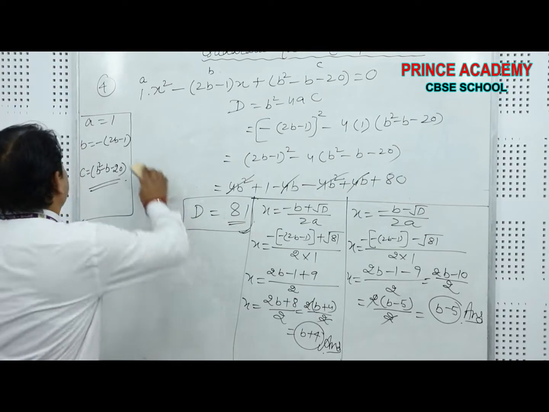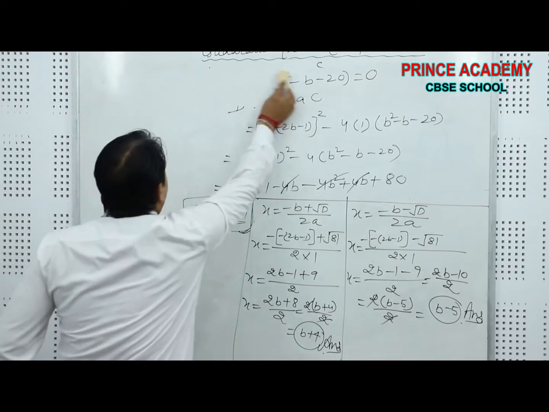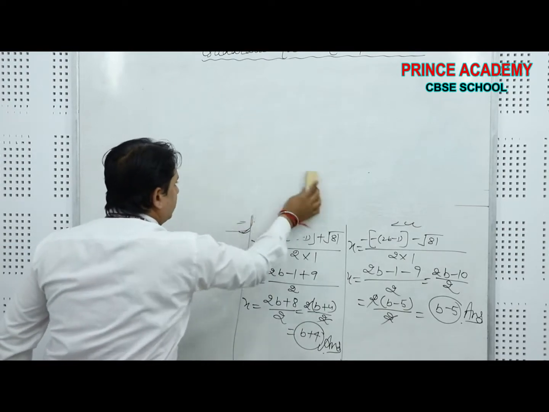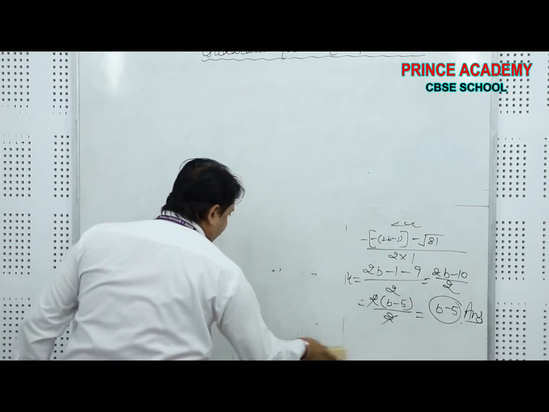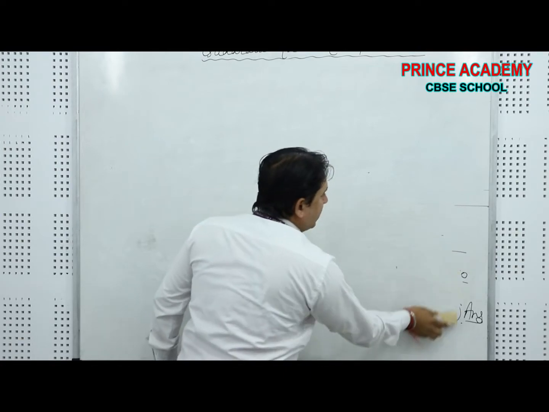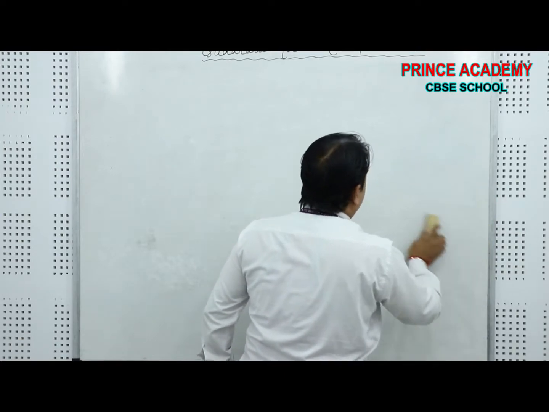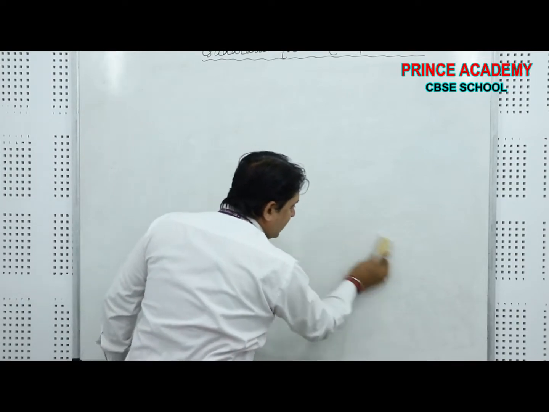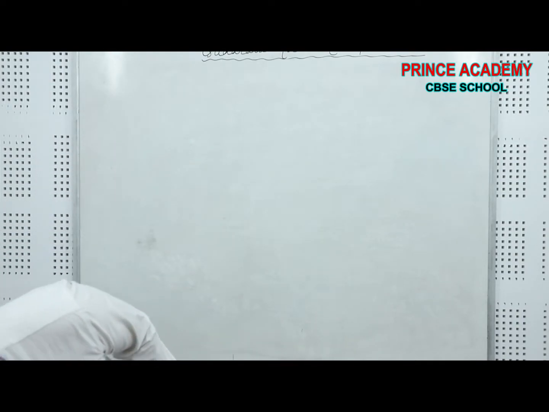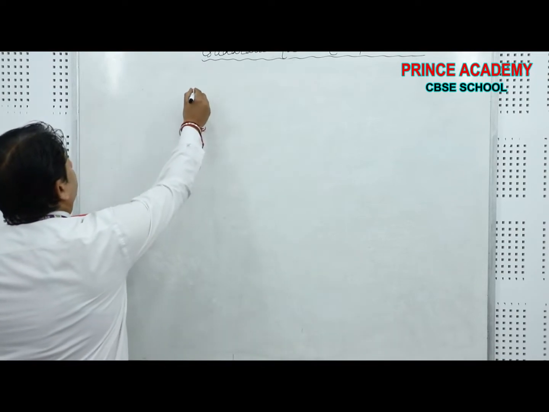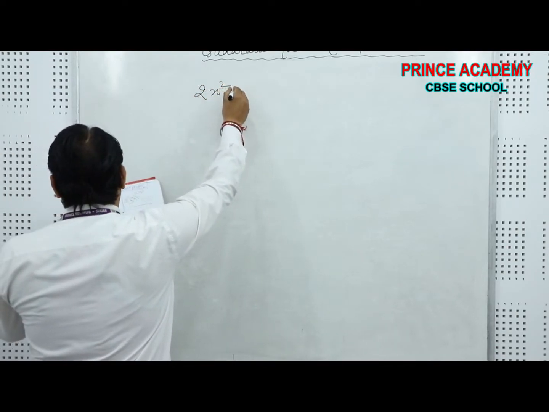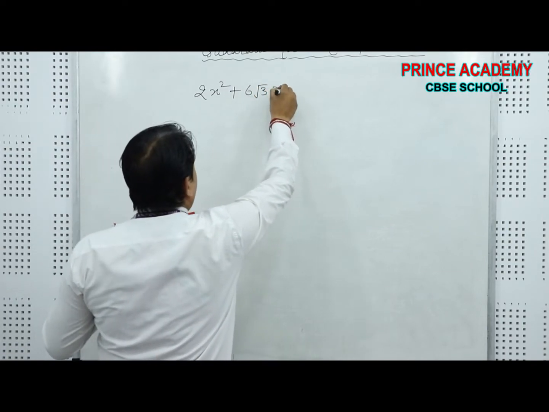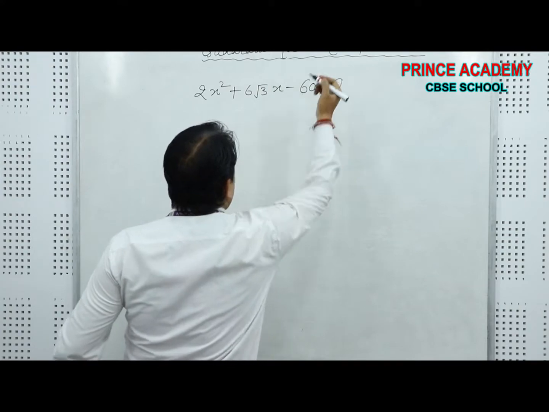Done, beta. Now next question we are going to discuss factorization of root terms. Here you also can apply the quadratic formula, splitting the middle term. But see, beta, once it was asked by CBSE that do a sum by factorization. See, equation is 2x square plus 6 root 3x minus 60 is equal to 0.